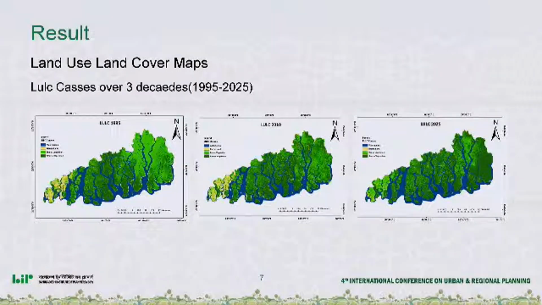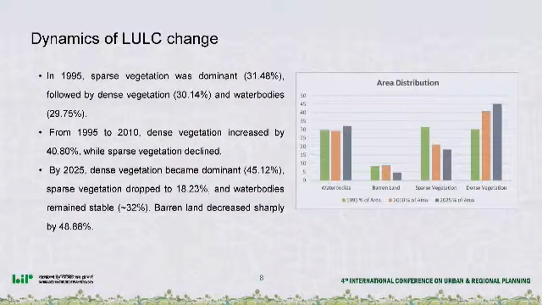In this slide, you can see the land use maps for 1995, 2010, and 2025. The blue areas represent water bodies, the yellow represents barren land, and the green vegetation. The darker ones are dense vegetation, and the lighter ones are sparse vegetation. In 1995, sparse vegetation, dense vegetation, and water bodies were at around 30%.